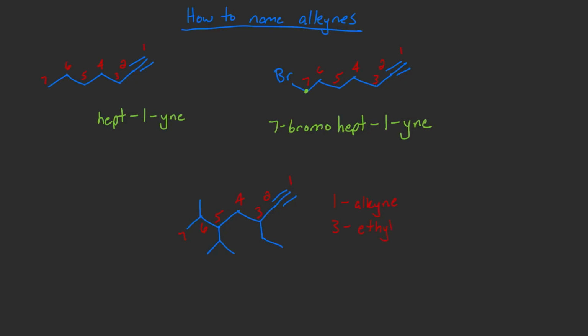At carbon 5, we see this Y group. Remember, if it looks like a Y with 3 carbons, that's our isopropyl group. And then on carbon 6, we have our methyl group. And of course, our base is hept.